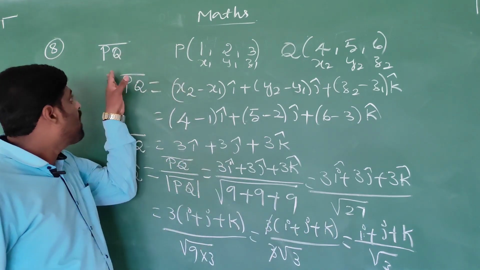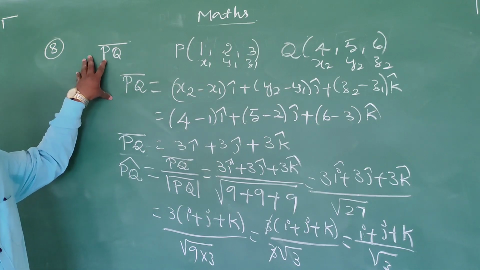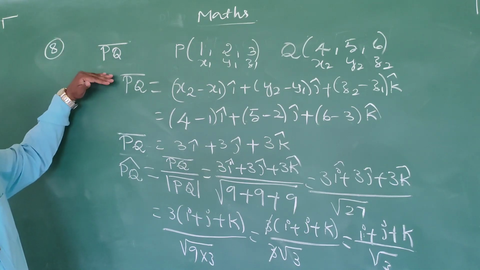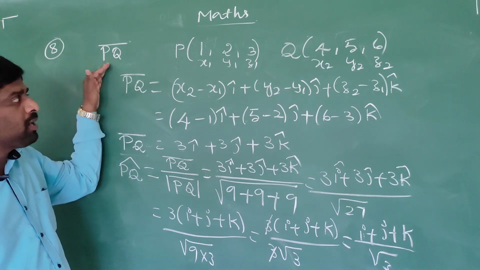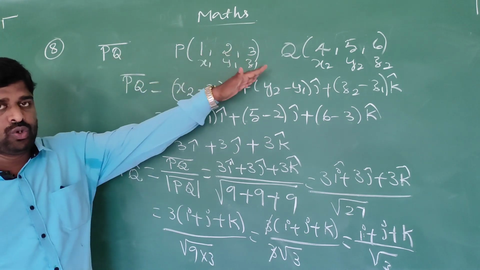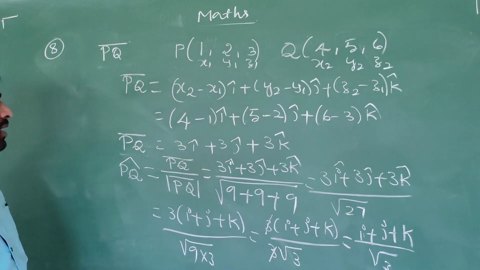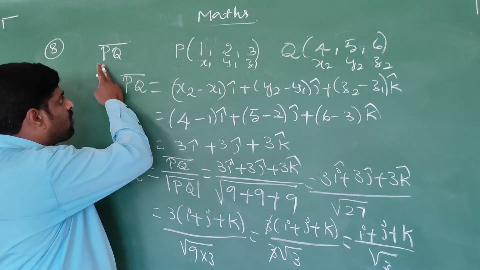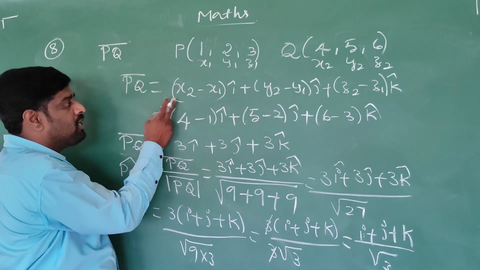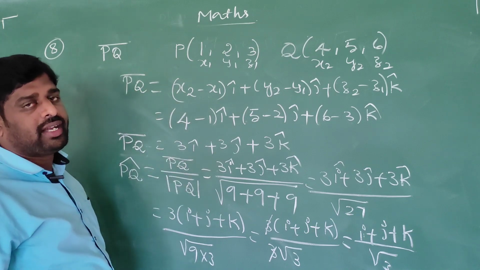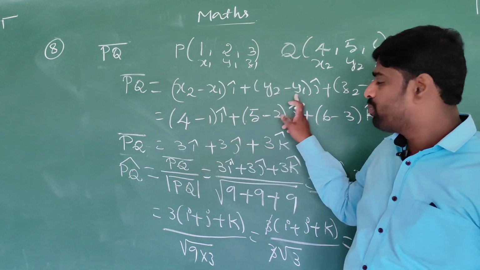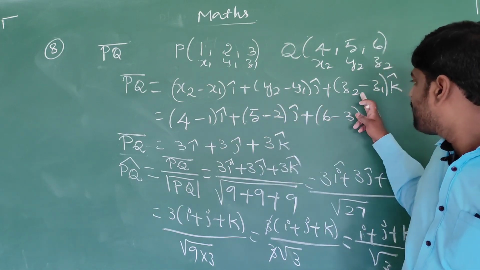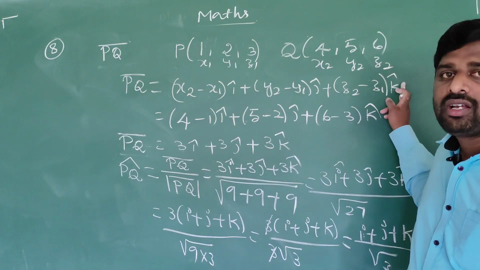So here I want to find PQ bar. I mean the question is to find the unit vector for PQ bar, where the P point is given and the Q point is given. First I have to find PQ bar. PQ bar is equal to x2 minus x1 i cap plus y2 minus y1 j cap plus z2 minus z1 k cap.